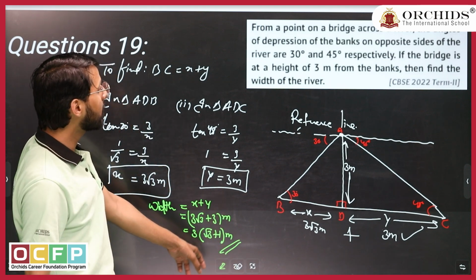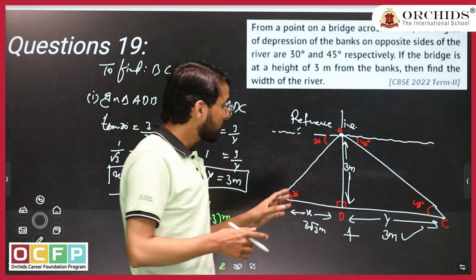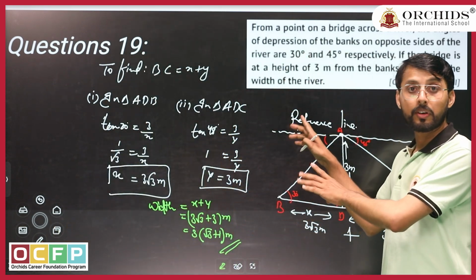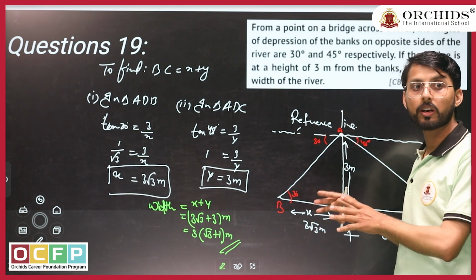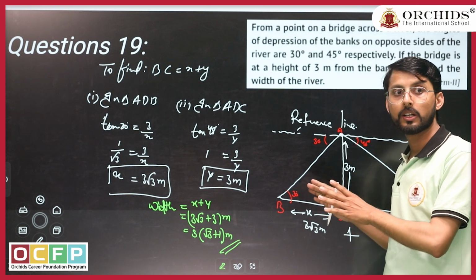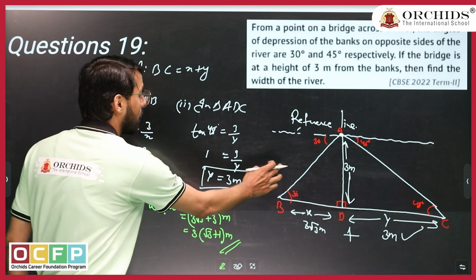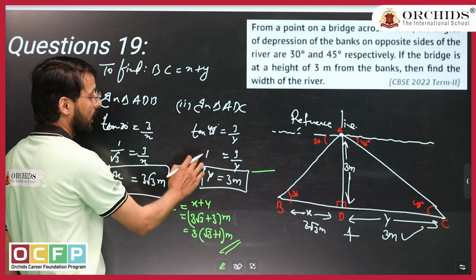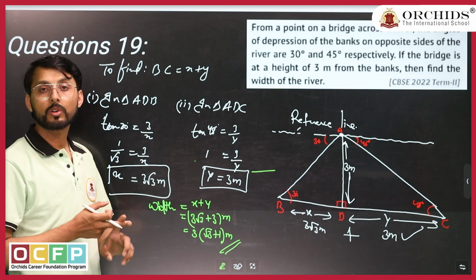Since root 3 value is not mentioned in the question, this will be the final answer. So that's all. Till here we have finished this all 19th question and some sub questions also. Overall we have finished 25 to 26 questions. Correct. Now all our MCQ, very short answer, short answer and long answer questions, all 4 types of questions, we have covered.